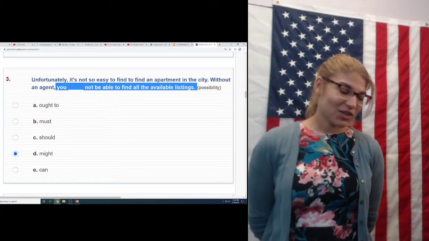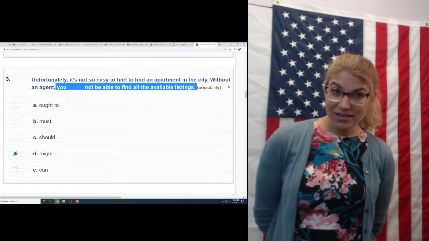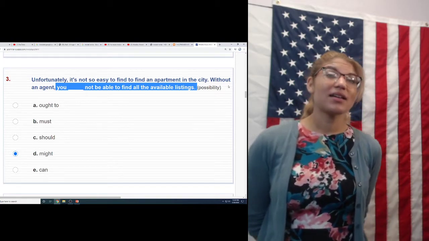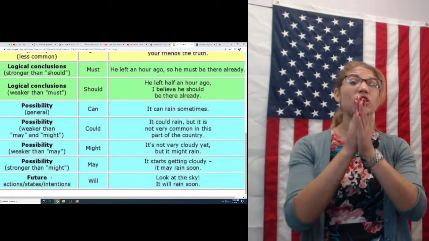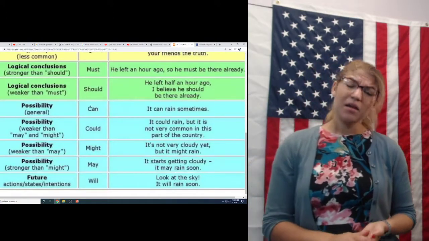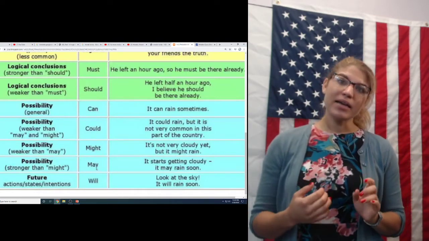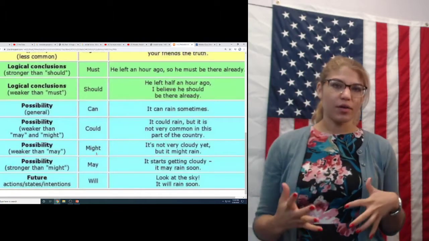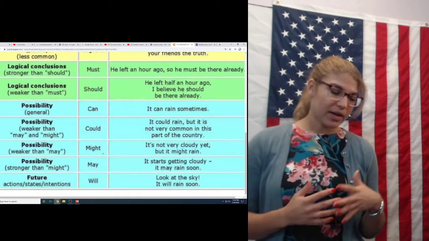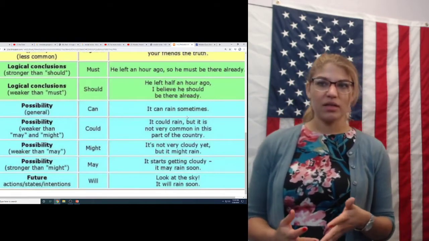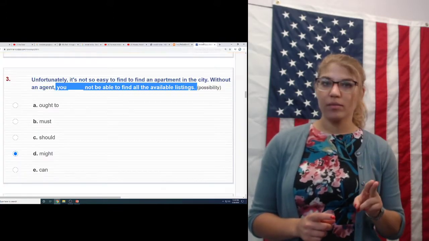And in this case, we're not going to use the word can, because if you return to the page, it is talking about a possibility, but it's a strong possibility. And might, if you see, is a weaker possibility. Can talks about a general possibility, and it is more probable.